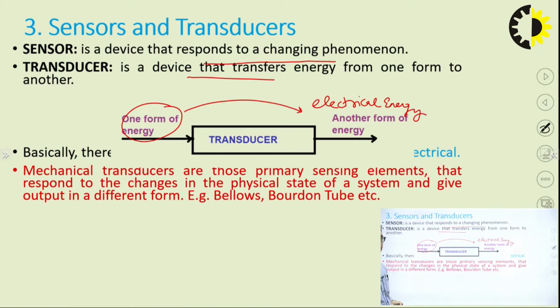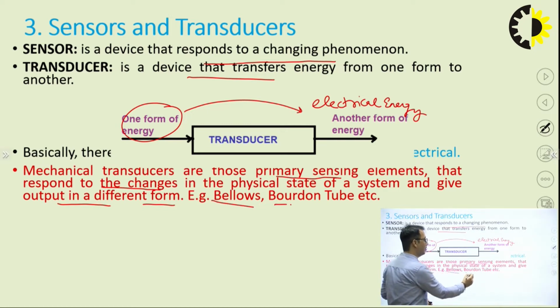A transducer or sensor may be mechanical as well as electrical. Mechanical transducers are those primary sensing elements that respond to change in the physical state of a system and give output in a different form, like I discussed bellows, Bourdon tube, spring.